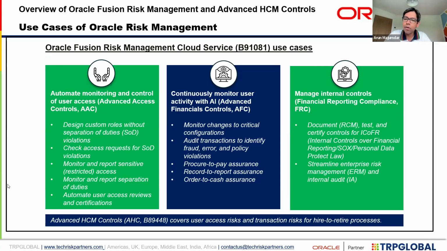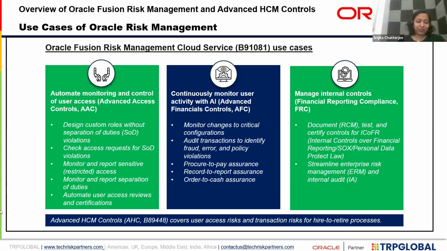Rashita, I've got a question for you: what are the best practices for automating internal controls using Oracle RMC? Does Oracle give you any best practice recommendation to start with? So, does Oracle give you any best practices recommendation for any control to start your risk transformation journey? Yes, sure.